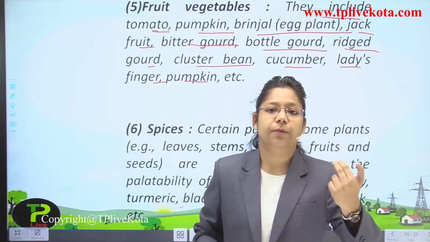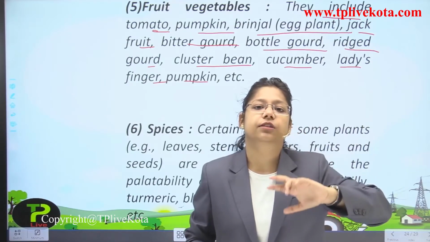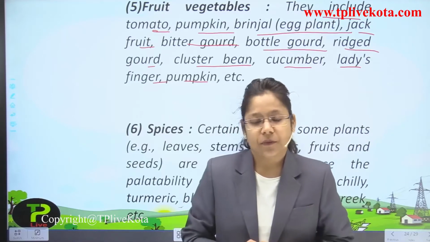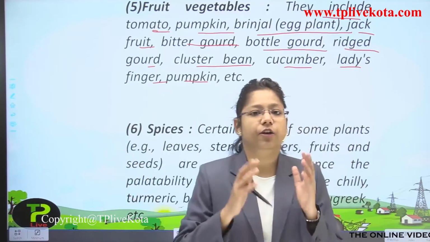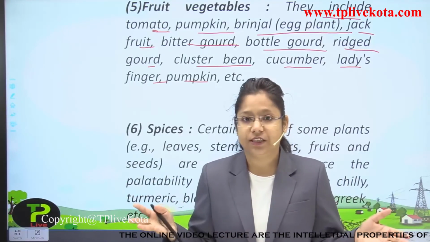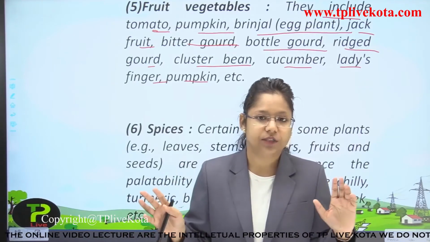And for easy digestion and excretion in our body, we should cook them first and then eat them. These also have many kinds of pigments which are necessary for our body. So these are the fruit vegetables. Now you are clear with this term, what is a fruit vegetable.